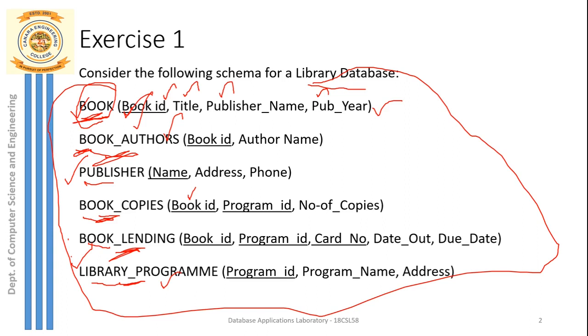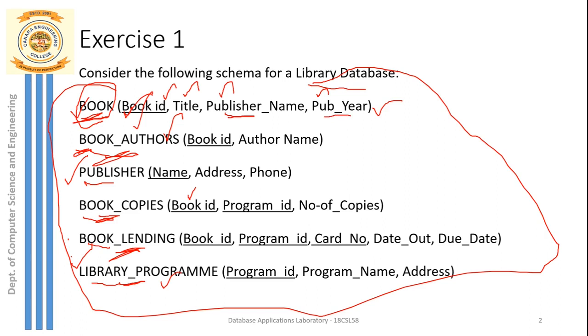The next column is title. This indicates the title of the individual book. Next we have publisher name. Every book must be published by a particular publisher, right? So publisher name indicates the name of the publisher who has published the particular book. Next, the publication year. Which year the book has been published is mentioned in the last column.